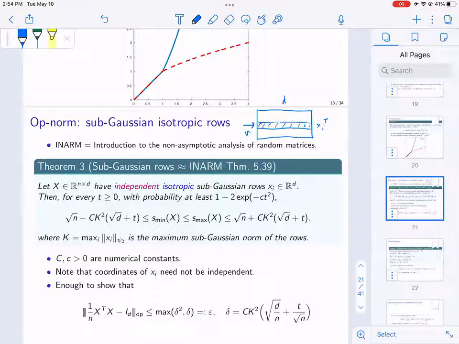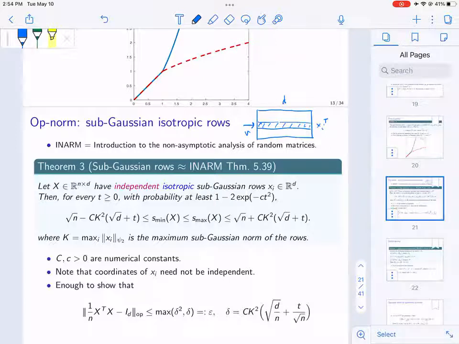So what I can do, instead of looking at X transpose X over n, I can ask what are the singular values of this? How do the singular values behave? If you recall how the singular values are defined, the singular values of this are related to the eigenvalues of X transpose X, or vice versa.